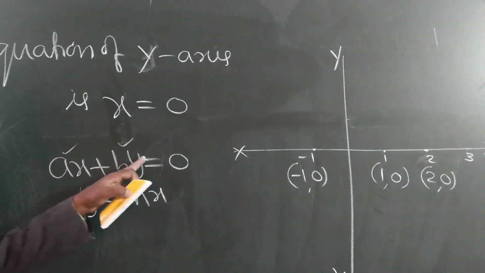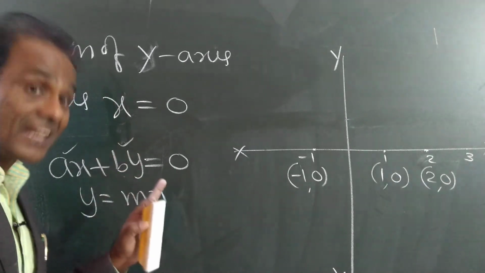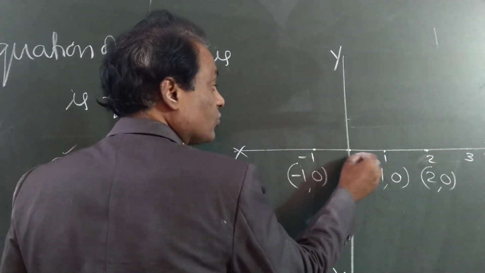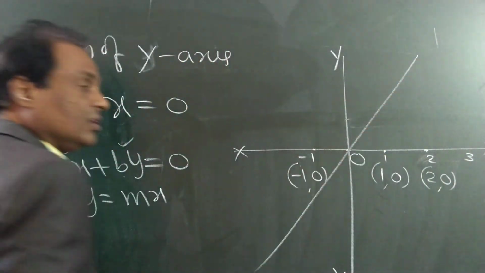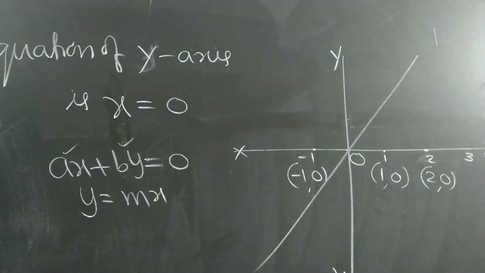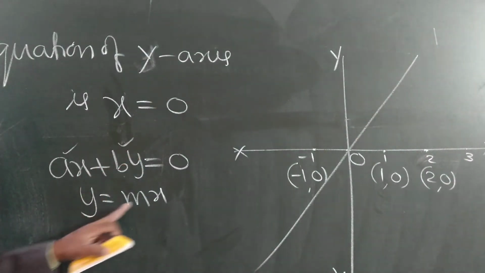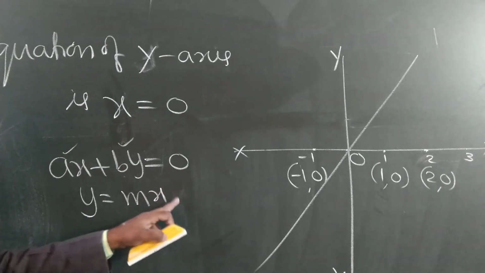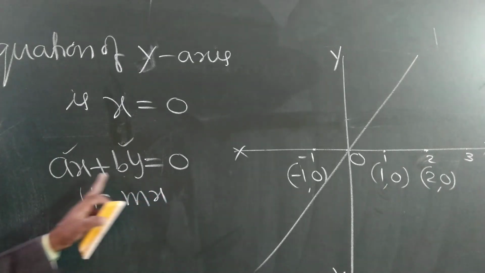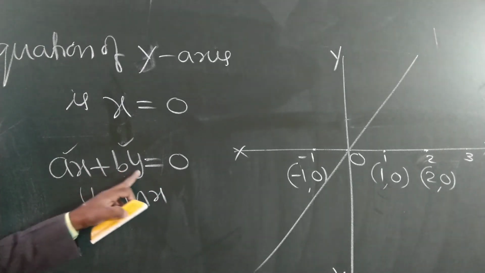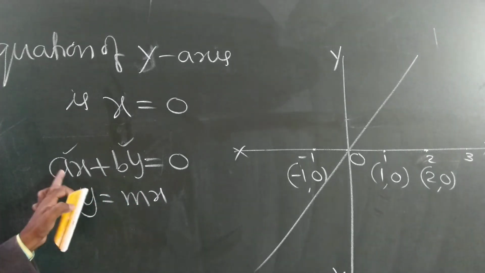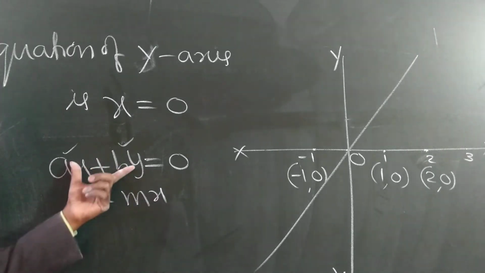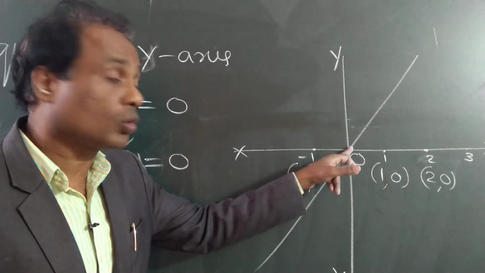If there is no constant, this line, if you draw it, will definitely pass through the origin. Here also x is there, y is there. There is no plus 3 or 2 or anything, so there is no c. Only x and y, this type of line will pass through the origin.